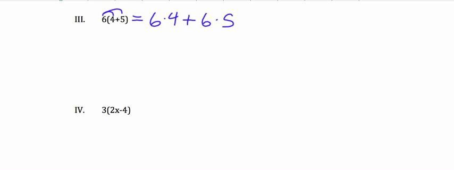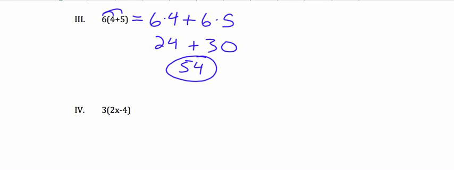Order of operations says I can multiply these together and these together, and then I can add them. Now, was that really any easier than going 6 times 9 and then getting 54? No, not really. We get the same thing either way, so maybe that's not a big deal for that one. But there are others when variables are involved where that will be important.